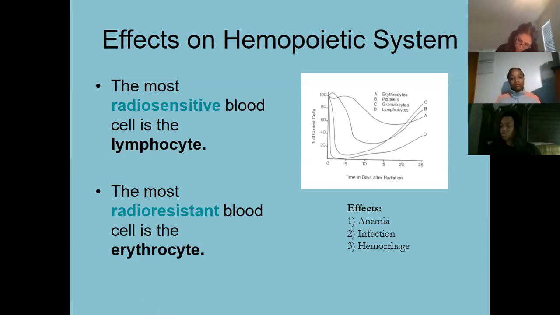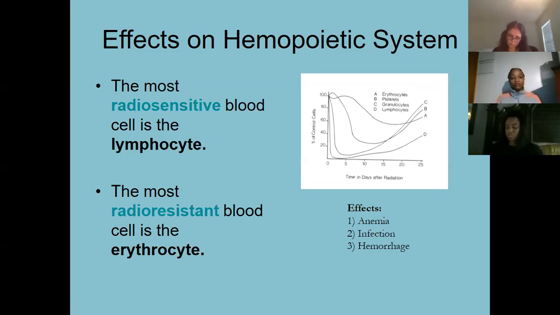So if you have depleted blood cells, if you don't have enough red blood cells, if you don't have enough white blood cells, if you don't have enough platelets, then the effect on the body is in proportion to which cells are damaged and what their function is.